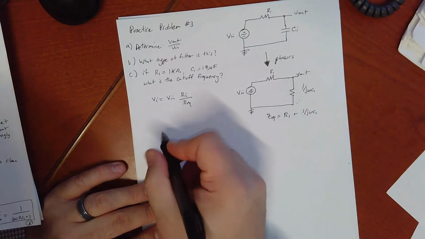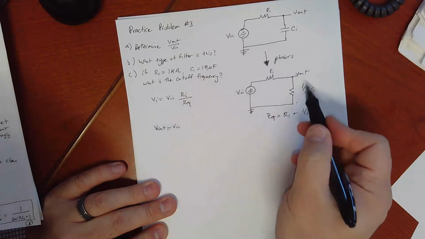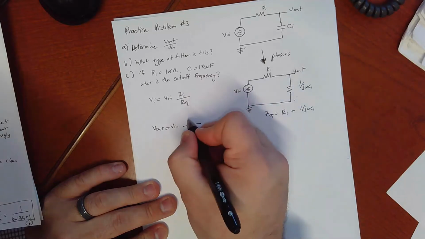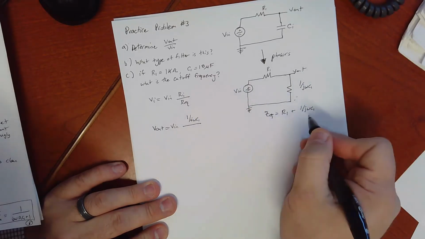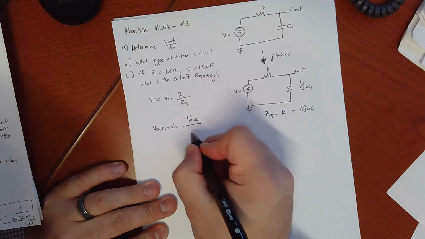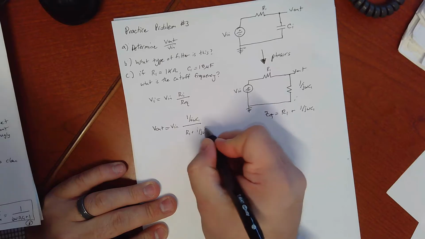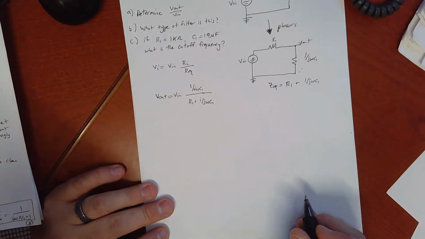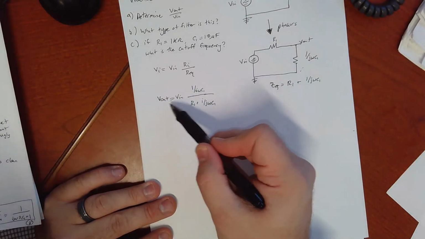So if we do that, V out is equal to V in times, on top, what we're measuring across, 1 over j omega C1. And on the bottom is the equivalent, so that's R1 plus 1 over j omega C1, just like that. We want V out over V in, so we can divide through by V in.